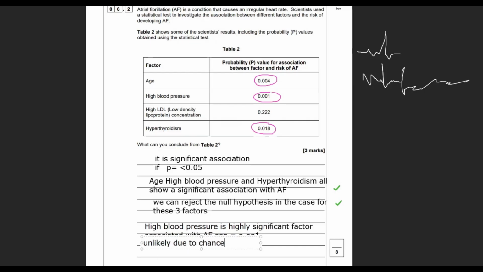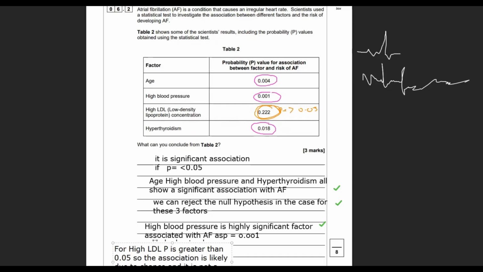Now, this means that it's unlikely that these are associated down to chance. I don't know what that is for high blood pressure, 1 in 1,000 or 1 in 10,000, whatever it is. But the chance of it being down to just random chance, the association is very small. Now, if we look at the high LDL, low density lipoprotein concentration, it is above 0.05. This means that it's greater than 0.05. So any association is likely down to chance.